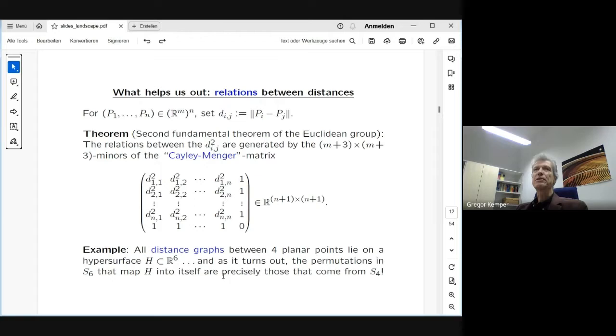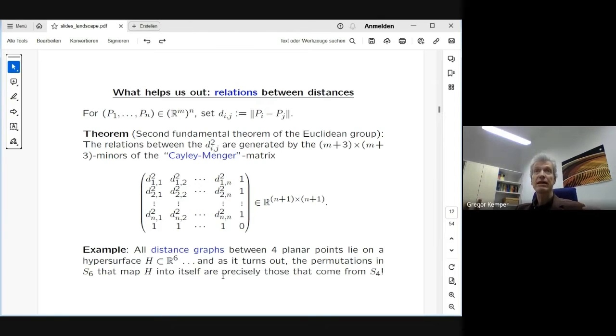And that helps us a great deal, because if we have two point configurations that share the same distribution of distances, that means that there exists an element from S6 that maps the edges one to each other.